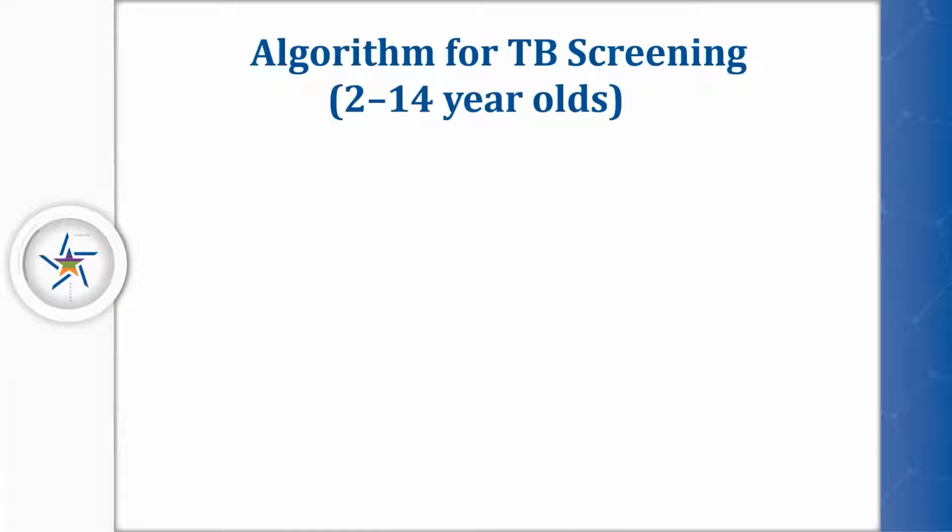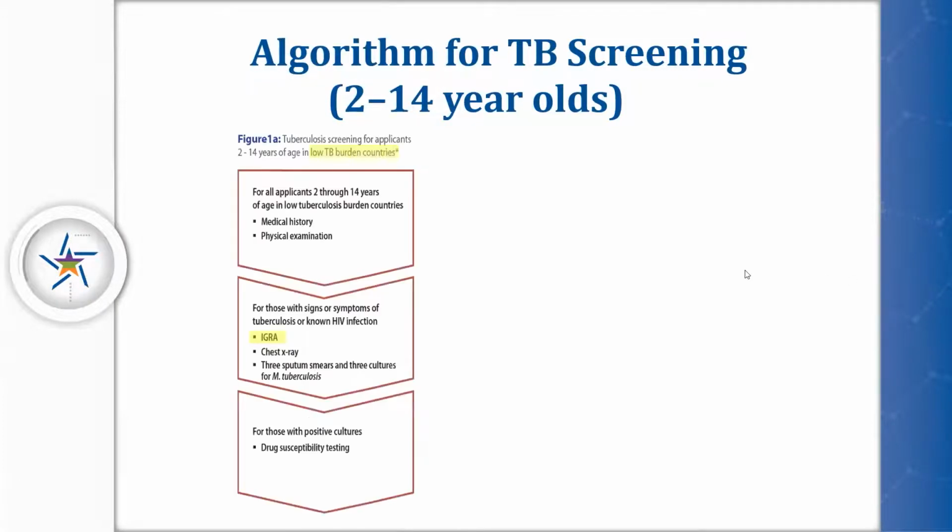So just to reiterate, I did the verbiage, but we'll look at the algorithm for TB screening of 2 to 14 year olds. In low burden countries, this starts with a medical history and a physical exam.